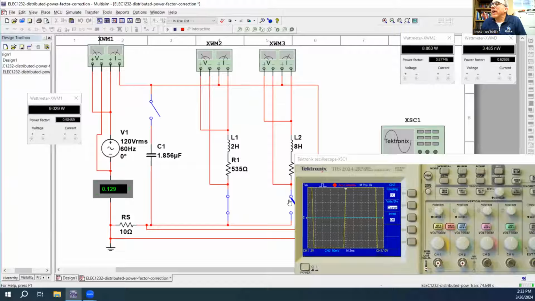Then when I engage the second load, I have 2.29 watts and 0.63 power factor. And that is with an overall power factor, if we look on the left, of 11.379 watts and a power factor of 0.6, or 0.59 it says there.